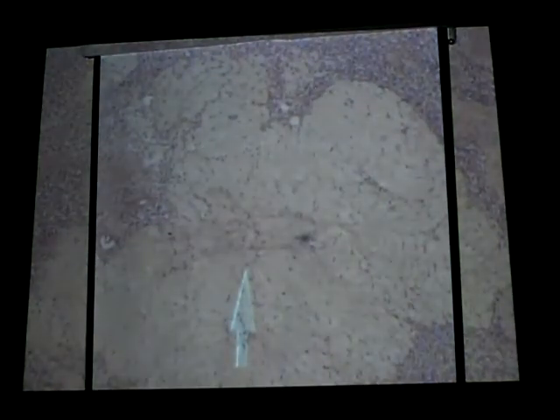Alright, so you have this structure here that's formed, and there are not a lot of cells present in there, so it's pretty much just scar tissue. You have very few cells, very few fibroblasts present.